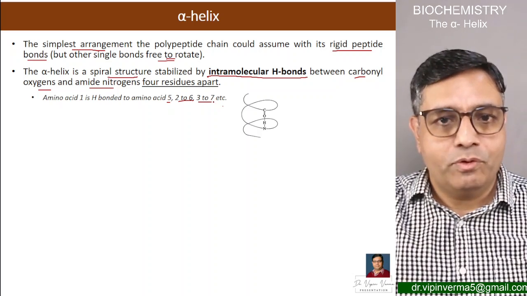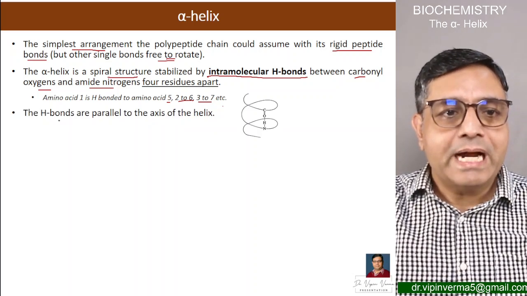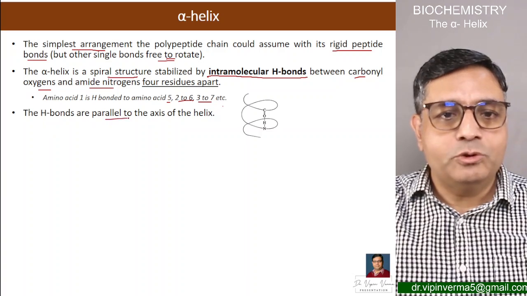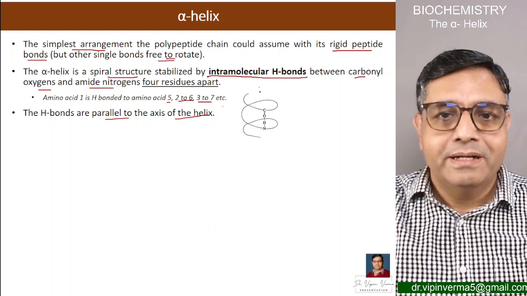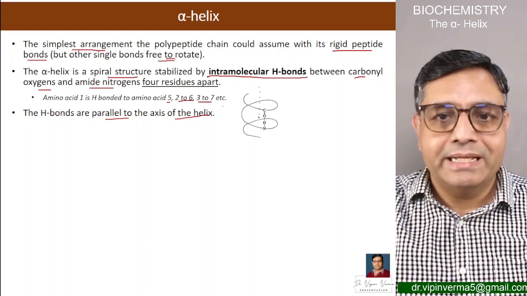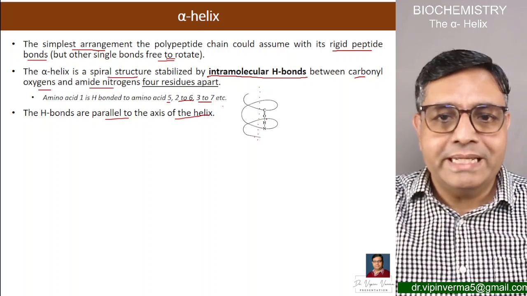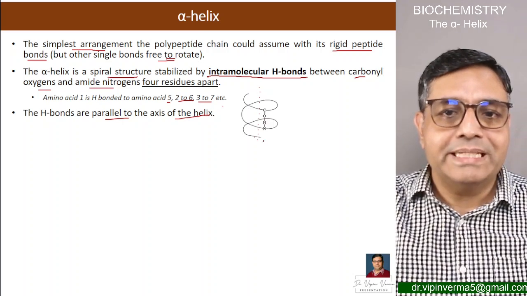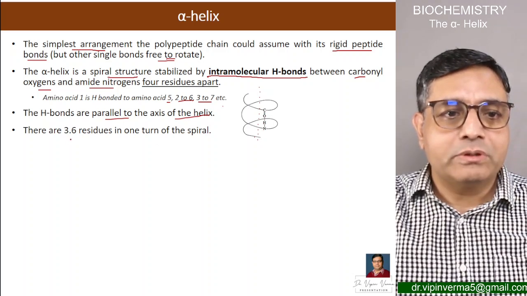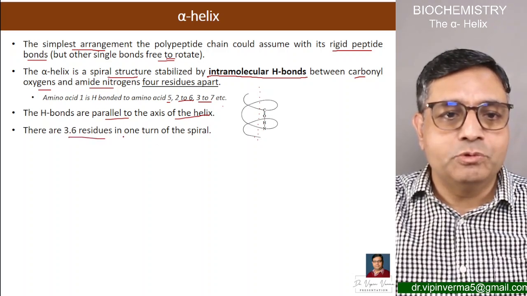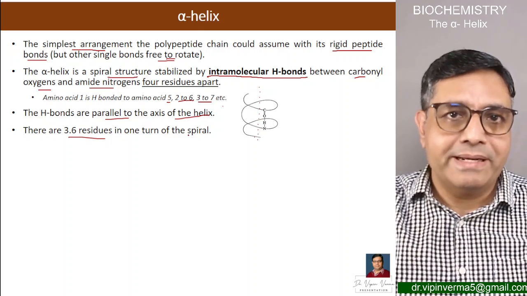These hydrogen bonds are parallel to the axis of the helix. If we take an imaginary axis in the helix, these bonds are parallel to this axis, and there are about 3.6 residues in one turn of the spiral.